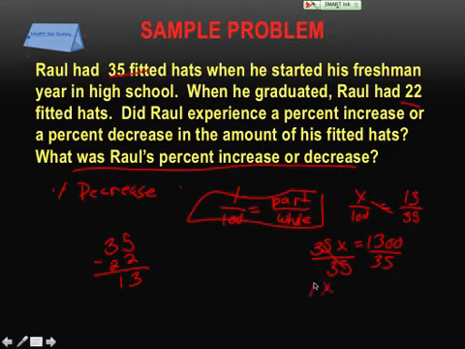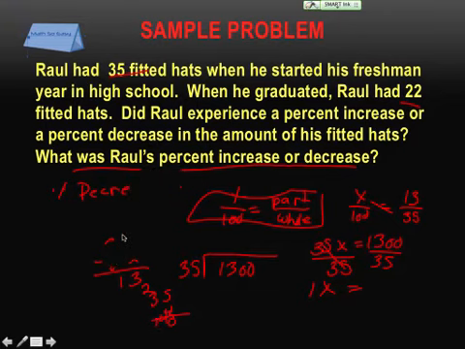Now we have 1x is equal to, let me come over here and get my little division on. 1300 divided by 35. I'm going to guess and say, I don't know, let's go with 4 times maybe. That's too high. So let's erase all this over here.